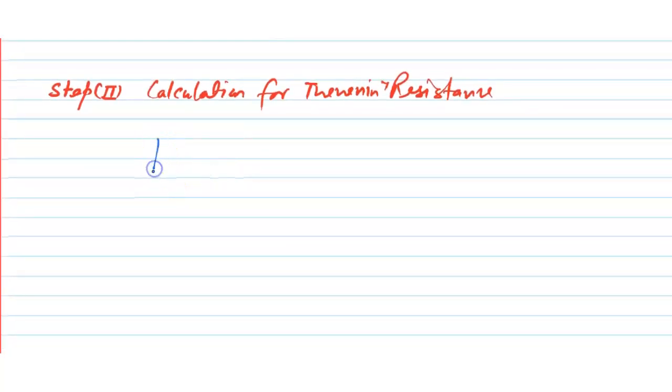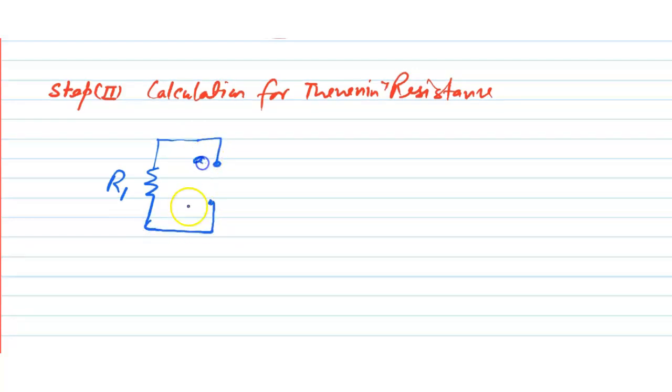So here there is a resistance, that is R1. This is open, this terminal is A and B, and here there is a voltage source which has to be short circuited.